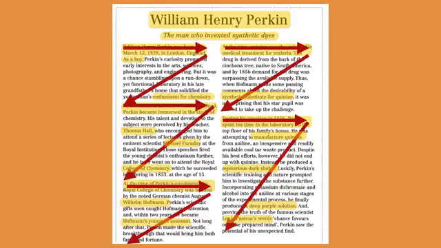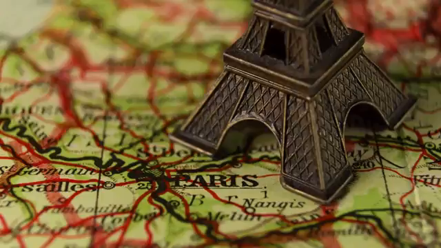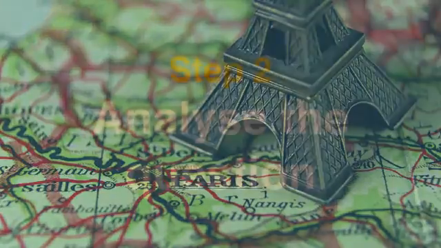By skim reading, and you can use a highlighter on the reading text as well to help you do this, when you finish skim reading, you will have a map of the text. You will have an idea what the text is about, and a good idea what each paragraph is about. And that will help you when you answer the questions.